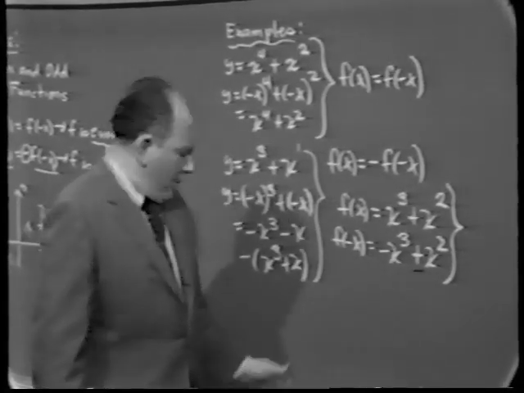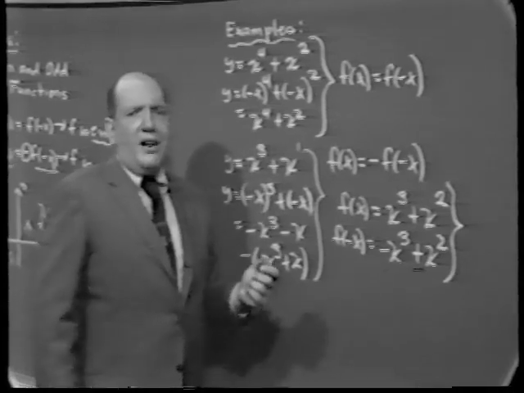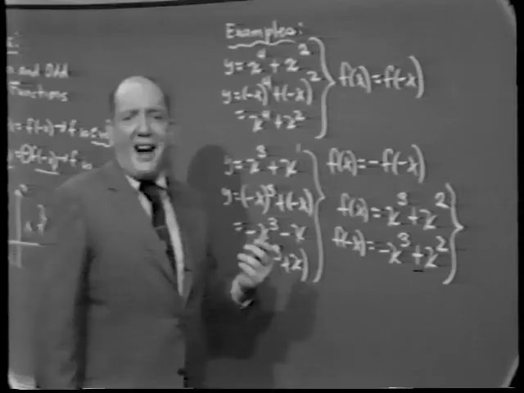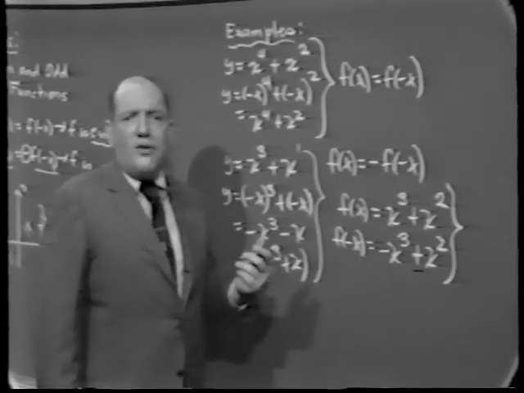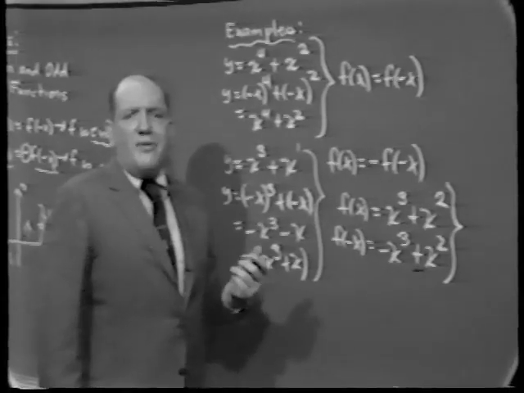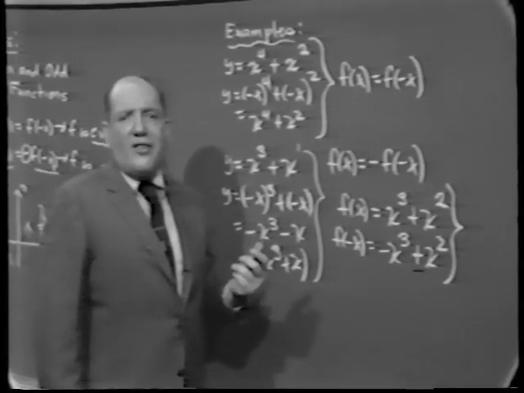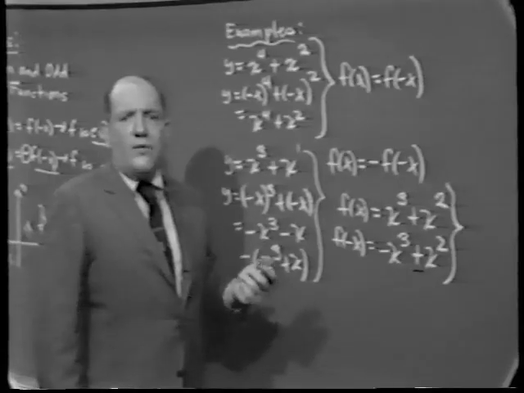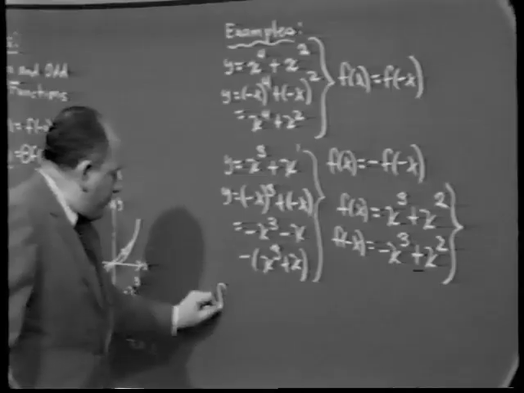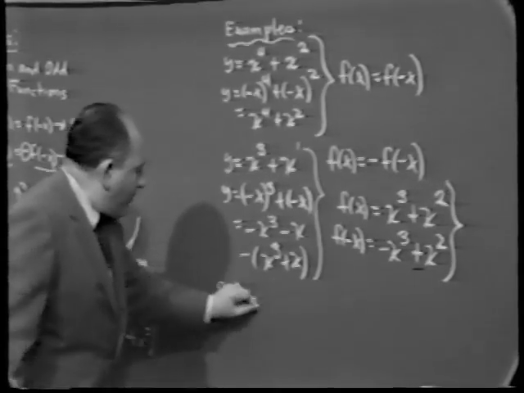Oh, if we wanted to go into more detail about this, it is perhaps exciting to know that whereas it's not true that every function is either even or odd, every function can be written as the sum of two functions, one of which is even, one of which is odd. Just to give you an idea of what that means, let me write down something here.